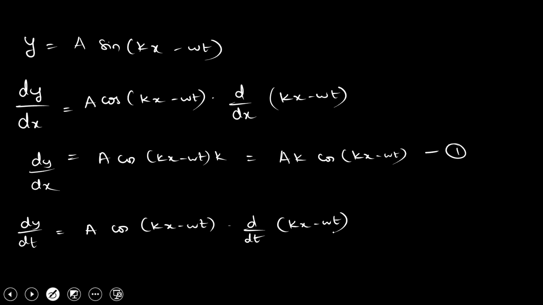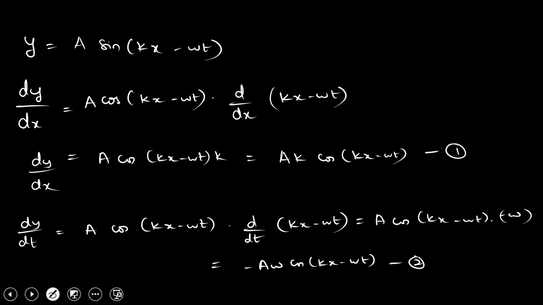So what is the answer for this? It will be a cos of kx minus omega t into the derivative of kx minus omega t, which is minus omega. So this will be minus a omega into cos of kx minus omega t. Can I take this as equation 1?